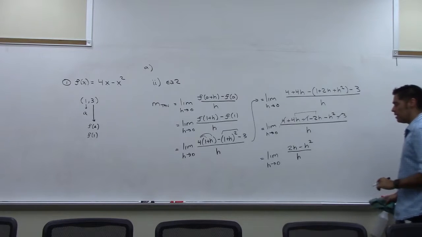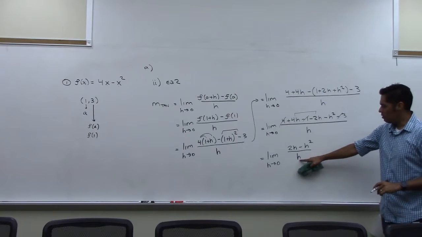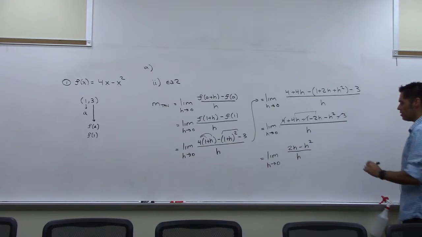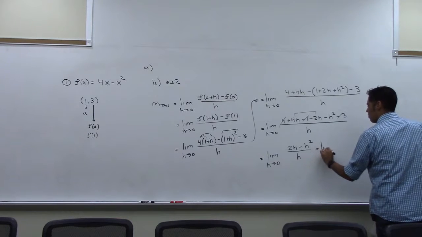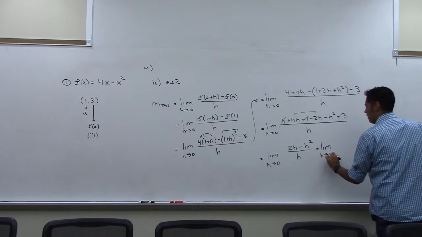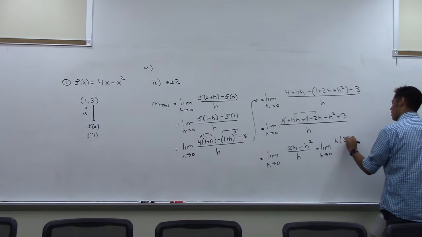And the whole goal of this is to try and get this h to go away because that's what's causing the division by 0. And we can see that we can do that by factoring an h out on top.